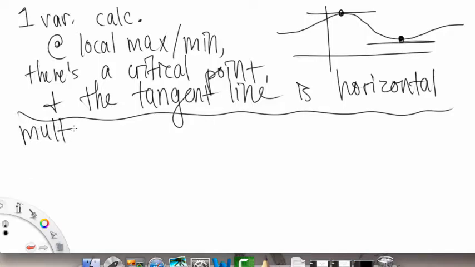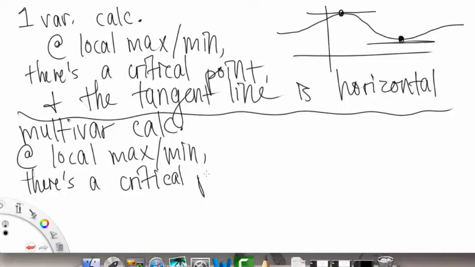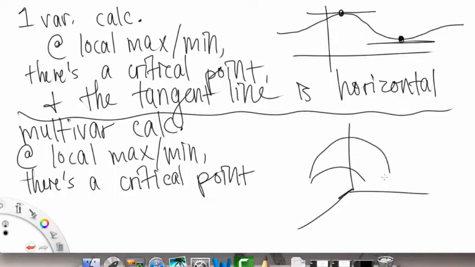In multivariable calculus, at a local max or min, we're going to have the same thing: a critical point. Now let's look at the picture. If we draw in 3 dimensions, because that's where we're living right now, let's say there's a surface here, and this is our maximum point.